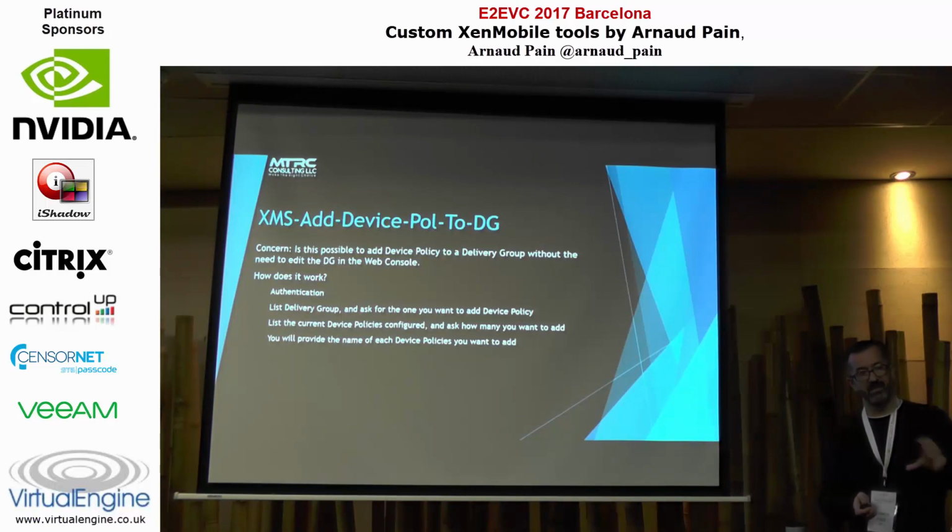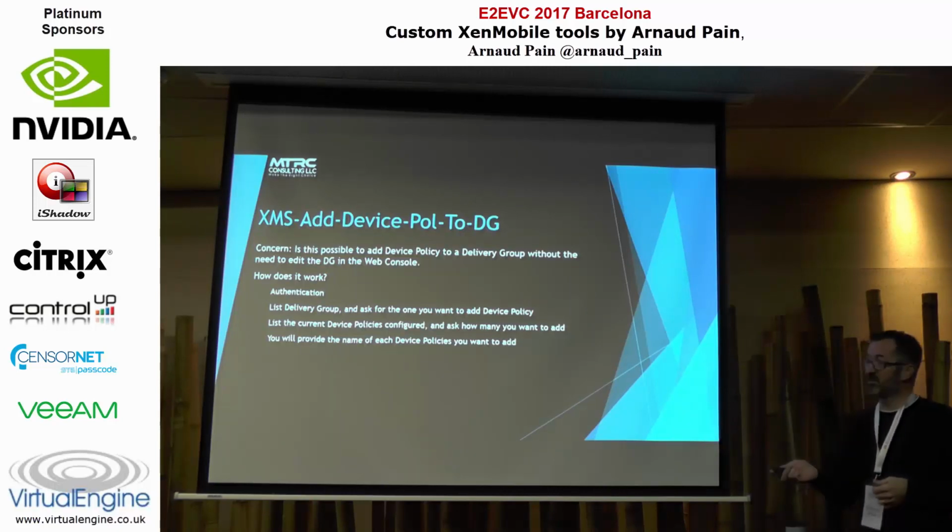And it's written in the documentation that it permits you to edit a delivery group. The fact is that it's not editing the delivery group, it's a replace. So if you want to add a device policy, and for example you got 3 current device policies configured, you need to list the current policies, to keep them somewhere, and to add the new one.